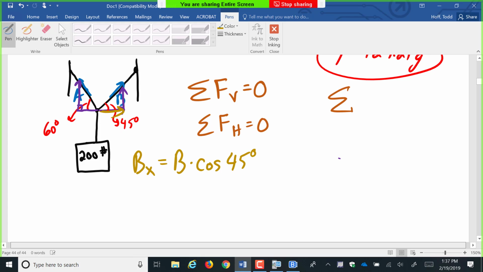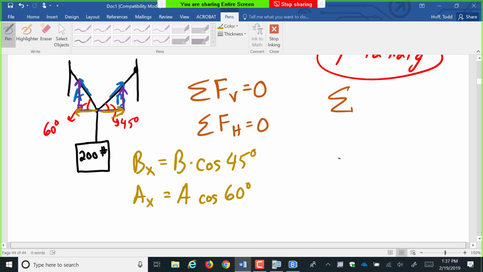That's the horizontal component there. The horizontal component of force A, Ax, is force A times the cosine of 60 degrees.